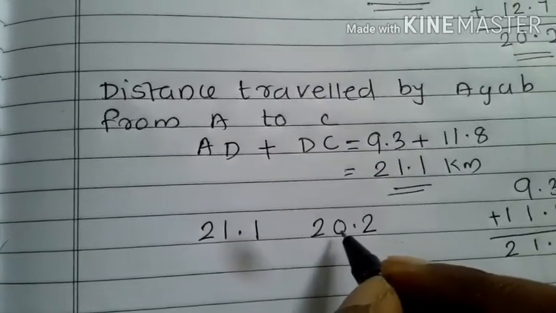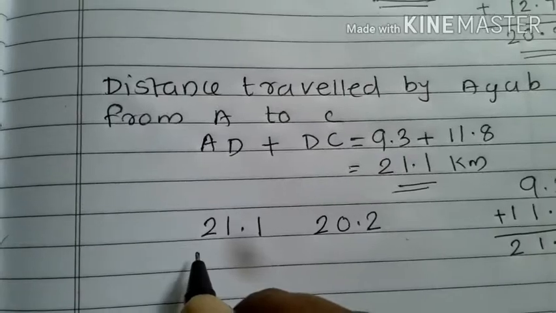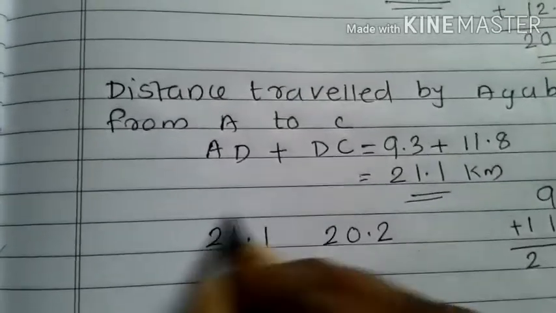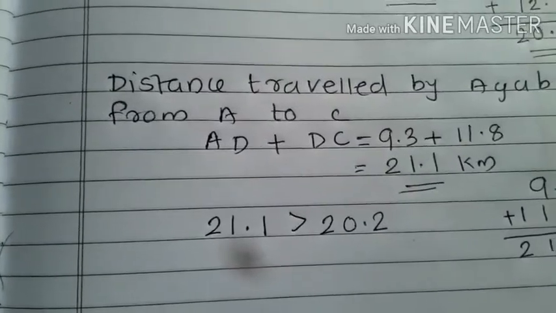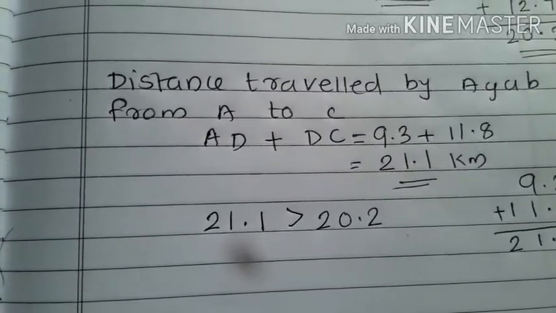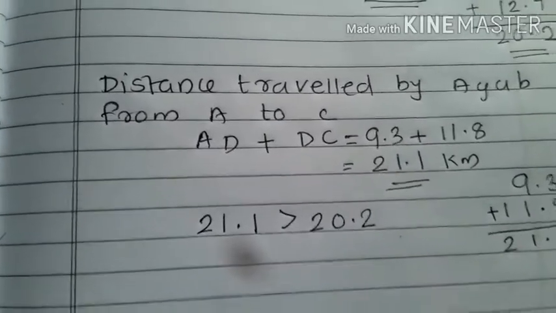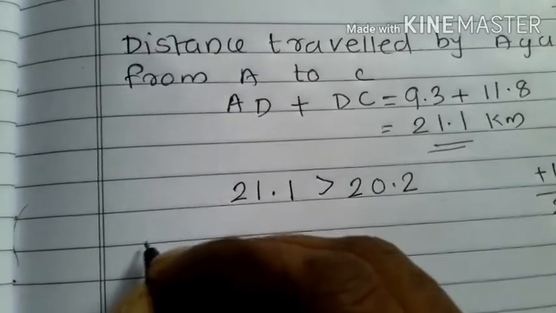Here 1, here is 0. So which one is the greater number? This one is the greatest decimal number. So Ayub travelled more. We write the solution.